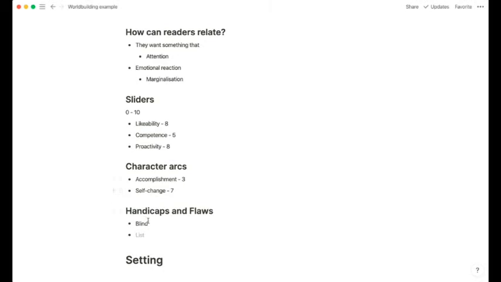And a flaw, so I'll just put H next to that so you know it's a handicap. And a flaw that this character has is this character gets very, very angry and is angry over small things and is constantly trying to prove that they're right.